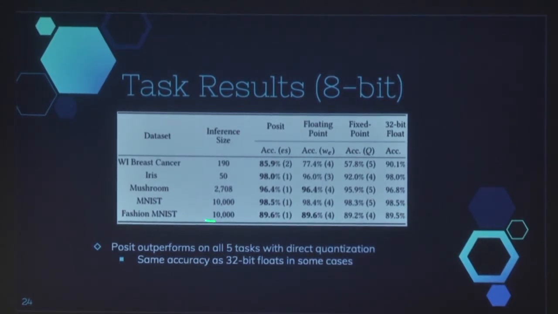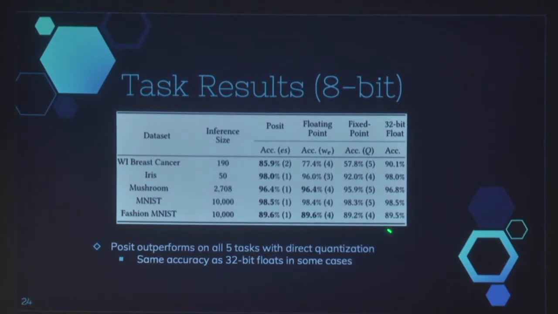So if you look at, for example, MNIST, with 32-bit float, we got 98.5%. Again, we didn't use the state-of-the-art CNN to get that 99.99% accuracy, but we used that MLP implementation. So you have this 98.5%, and with the 5-bit posit, we get the same accuracy for ES 1. Similarly, for the IRIS data sets, you can see that the accuracy is the same as the 32-bit float.